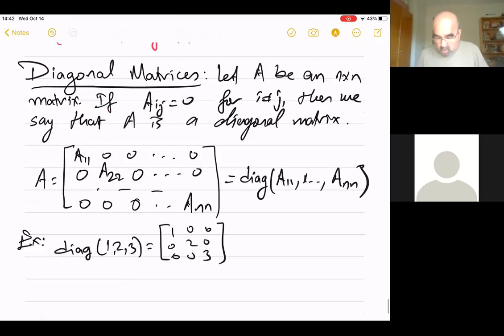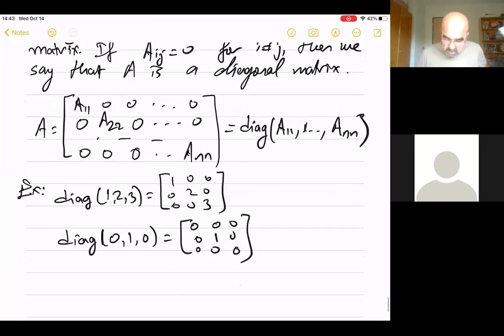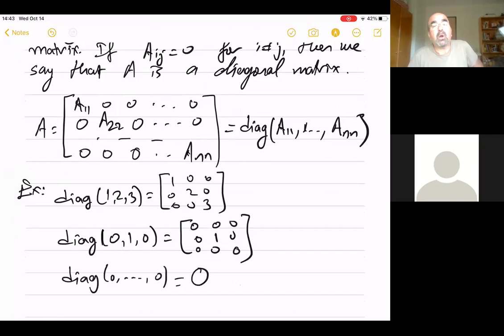Or you may have the diagonal matrix, for example, 0, 1, 0. The first entry A11 is 0, here is 1, and the rest is 0. And of course, diagonal 0, 0, 0, if every entry is 0, it's a zero matrix.